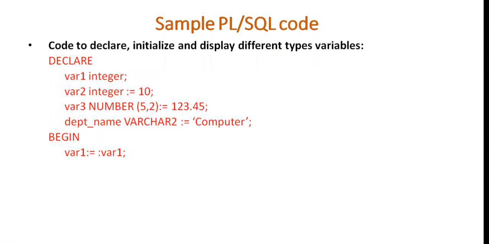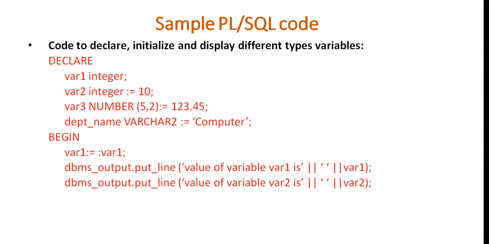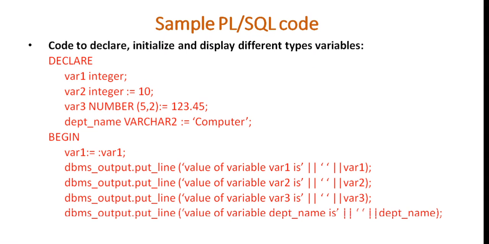So here we are reading the value of variable 1 from the user. Then we are displaying the values of all the variables by using the DBMS_OUTPUT.PUT_LINE method. The first DBMS_OUTPUT.PUT_LINE statement displays the value of variable 1, then variable 2, variable 3 and variable 4.